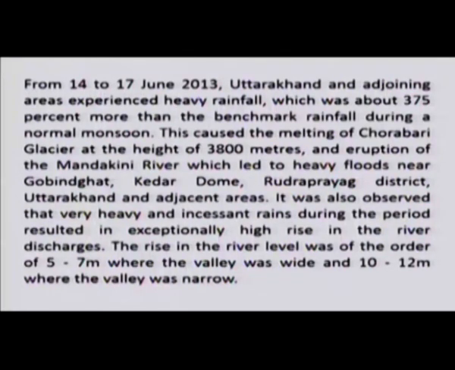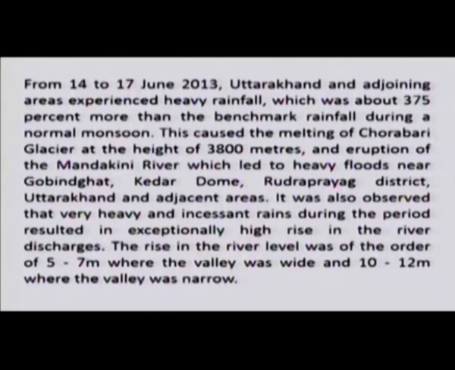From 14 to 17 June 2013, Uttarakhand and adjoining areas experienced heavy rainfall, which was about 375% more than the benchmark rainfall during a normal monsoon. This caused the melting of Chorabari glacier at the height of 3,800 meters and eruption of the Mandakini river, which led to heavy floods near Govinda Ghat, Kedar Dome, Rudraprayag district, Uttarakhand and adjacent areas.